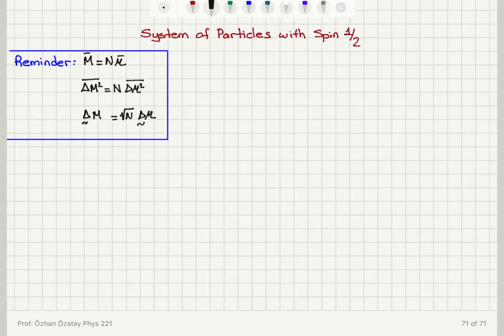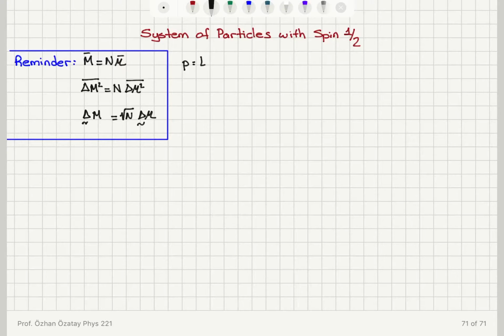Now we call P the probability of having an up spin, and there is a corresponding moment. I'm going to assume that the charge sign is positive here, so up spin corresponds to a positive moment, as opposed to the electrons where we have the opposite relationship.